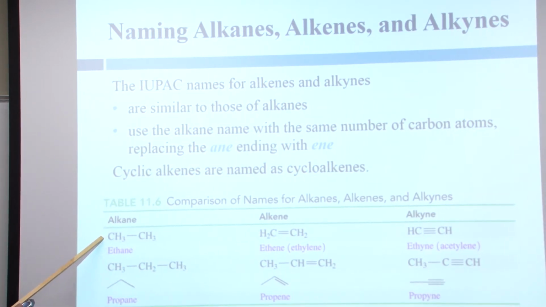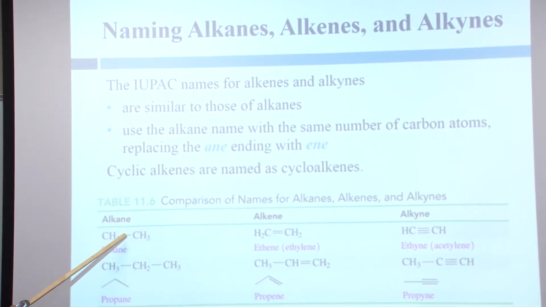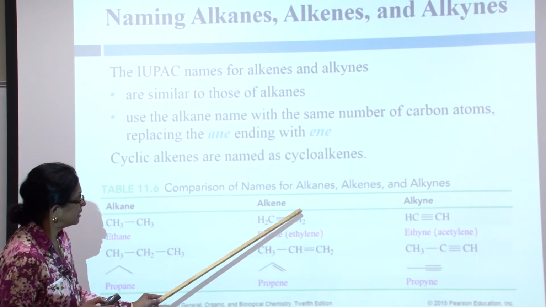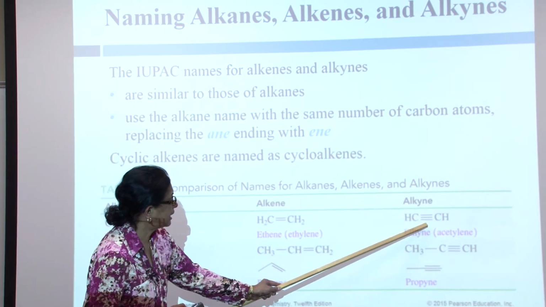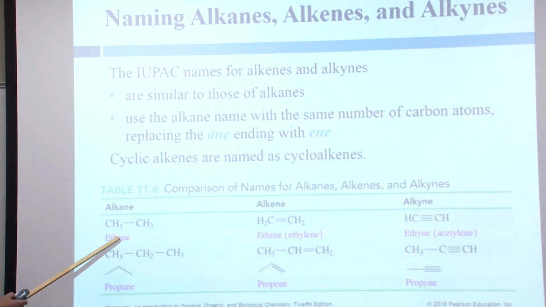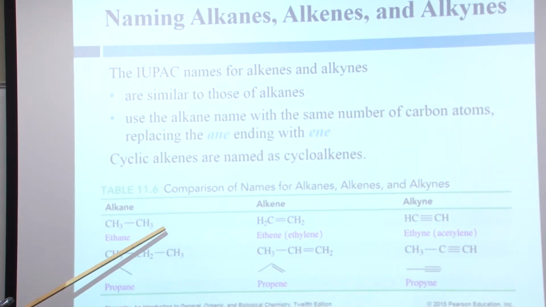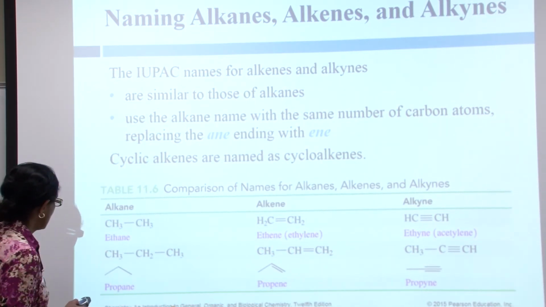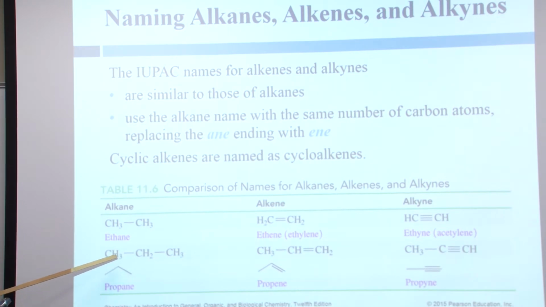So this is your alkane, single bond, alkene, double bond, alkyne, triple bond. So ethane, ethene, ethyne. Propane, 1, 2, 3.